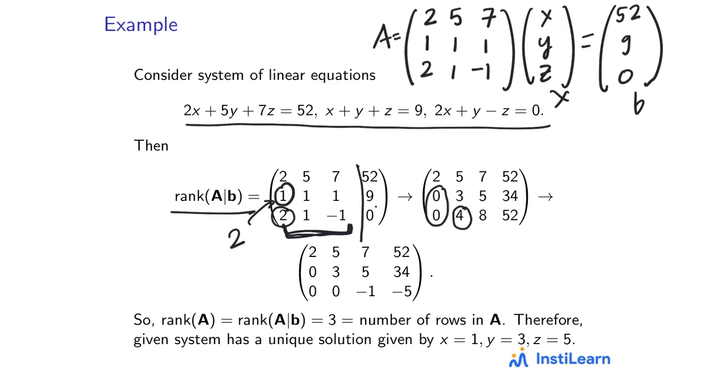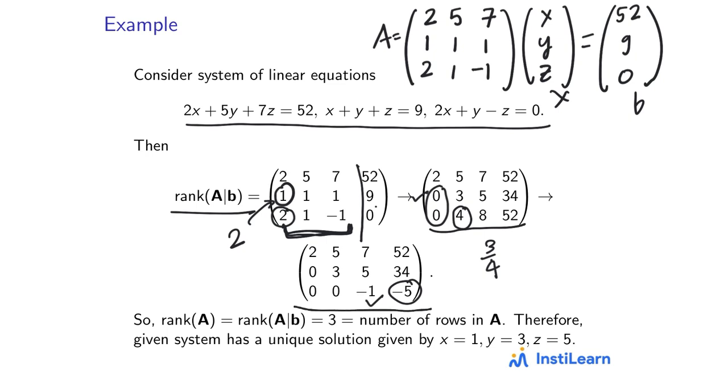So for that I will use the second row, and I'll multiply the third row by 3 over 4 and subtract from the second row. So you can see that 4 times 3 over 4 will be 3, and 3 minus 3 is 0. Then 8 times 3 over 4 will be 6, 5 minus 6 will be minus 1, and then 52 times 3 over 4 will be 13 times 3, 39, and 34 minus 39 is minus 5.